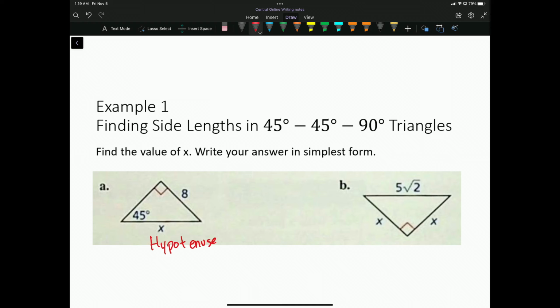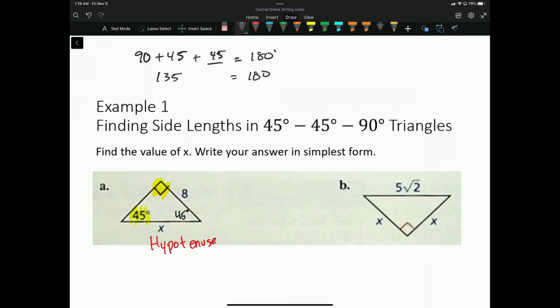In my triangle, we see that I have a 45, 45, 90 degree triangle. Because this angle here is a 90-degree angle. That tells us it's 90 degrees. We have 45 here. And if I add the angles in a triangle up, 90 plus 45, my last angle has to be 45 degrees in order for us to get 180, because 90 plus 45 would be 135.